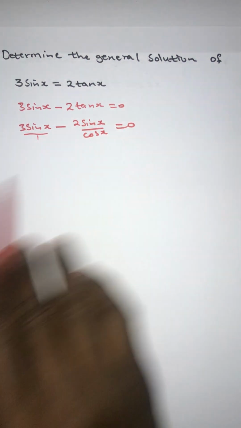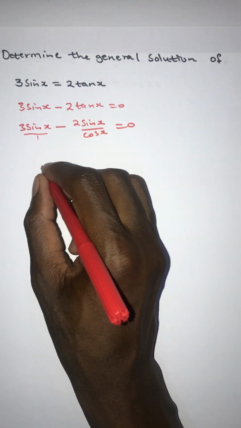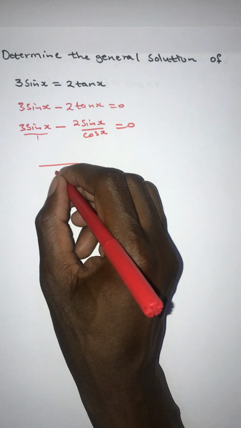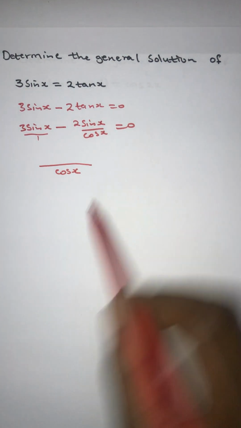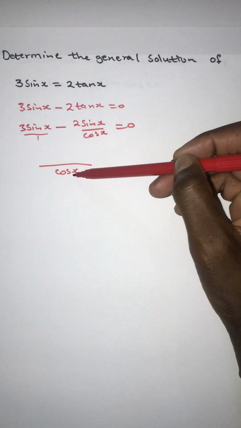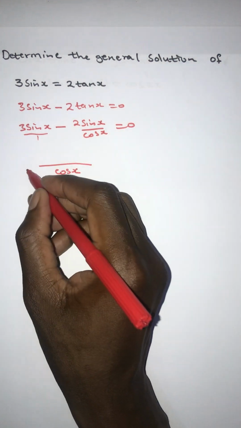So it means what? We take the LCD, the lowest common denominator. So our lowest common denominator will be what? It will be cos of x. So the cos of x multiplied by 3 sine x divided by 1.